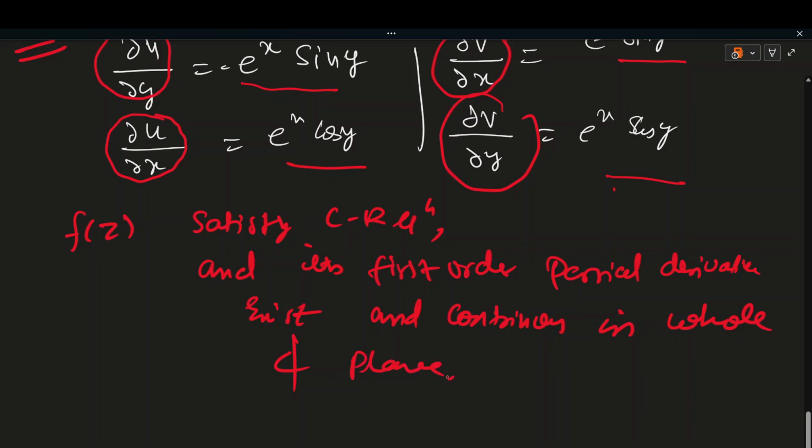So f(z) equal to e to the power z is differentiable and analytic at all points. We can find the limit, differentiability and continuity at all points.